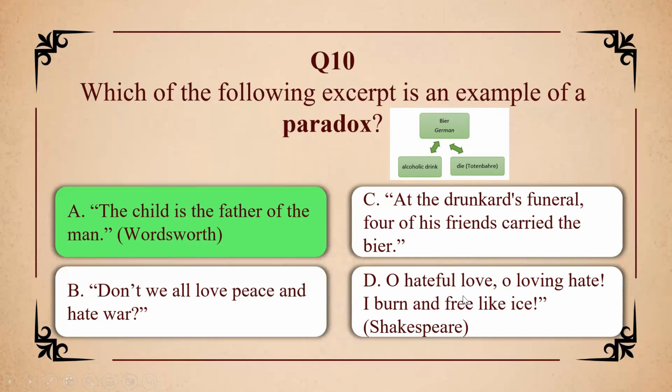Option D is a line taken from Shakespeare's Romeo and Juliet. It is an oxymoron, given that two contradictory words, love and hate, are used together. Contradictory words are mostly adjectives and nouns.